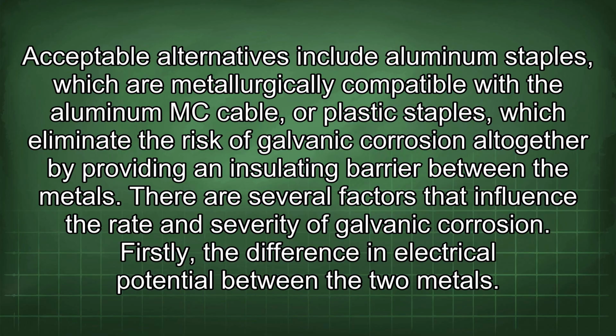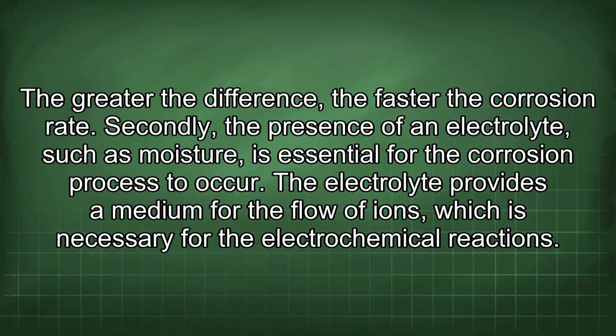There are several factors that influence the rate and severity of galvanic corrosion. Firstly, the difference in electrical potential between the two metals. The greater the difference, the faster the corrosion rate. Secondly, the presence of an electrolyte, such as moisture, is essential for the corrosion process to occur. The electrolyte provides a medium for the flow of ions, which is necessary for the electrochemical reactions.